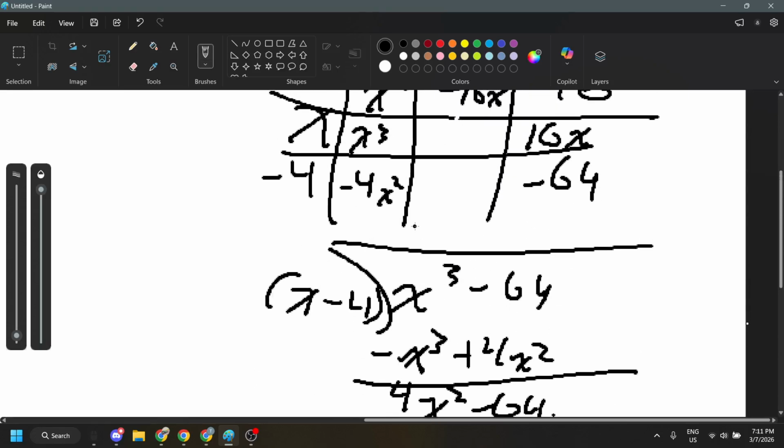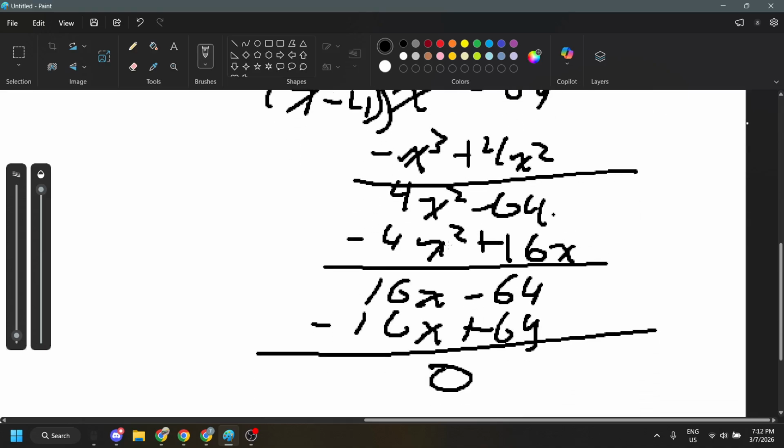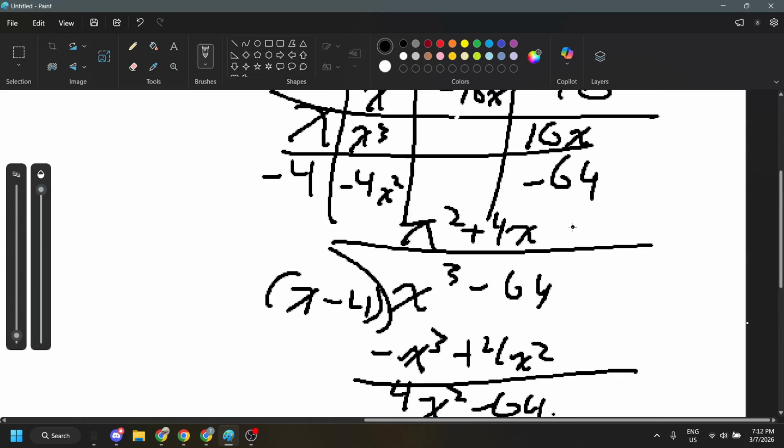Okay, so we have x squared plus 4x plus 16.